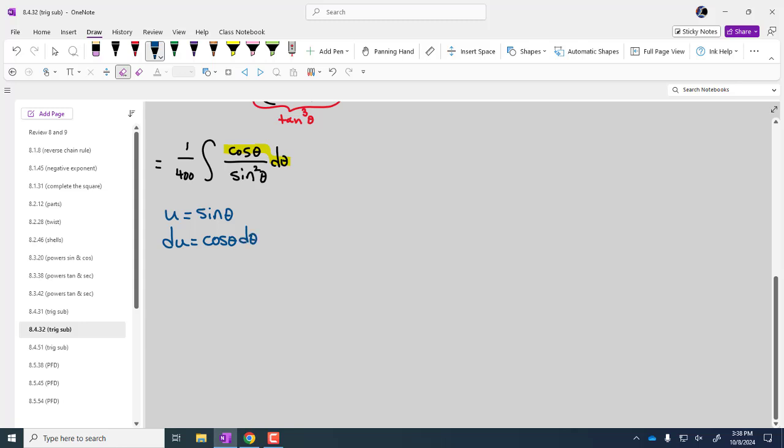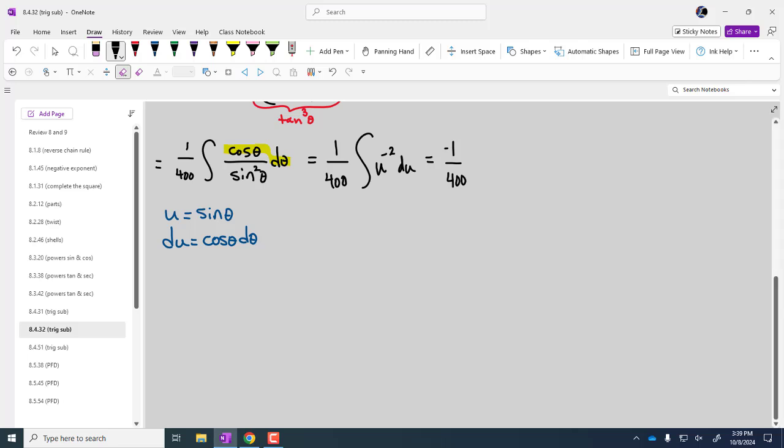So we will have 1 over 400 times u to the negative 2 du. Integrate. So we add 1, get negative 1, divide by negative 1.